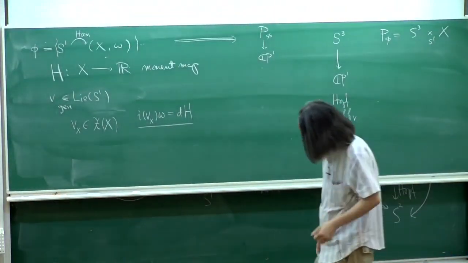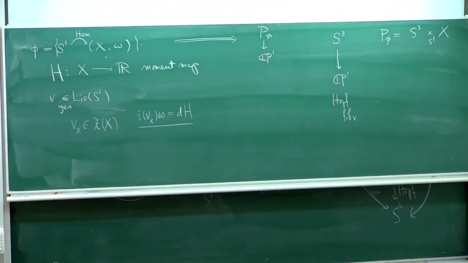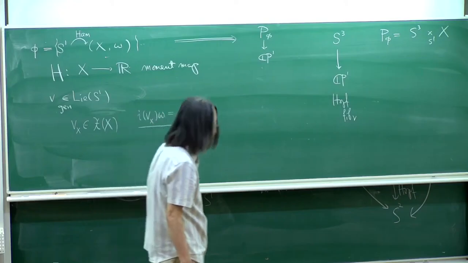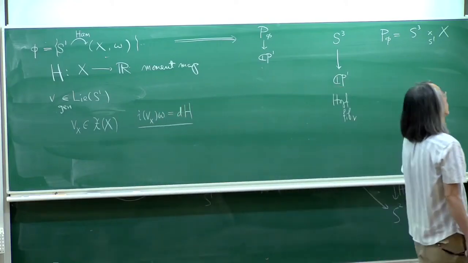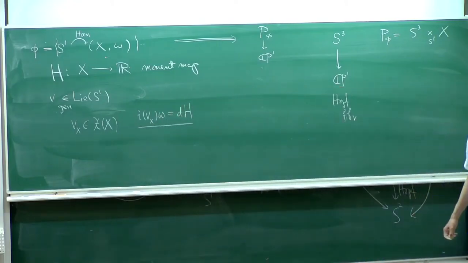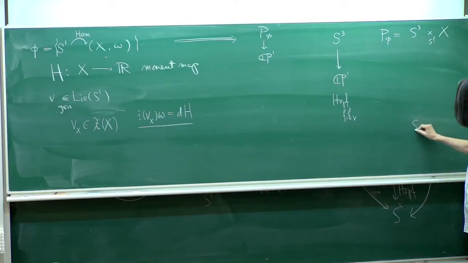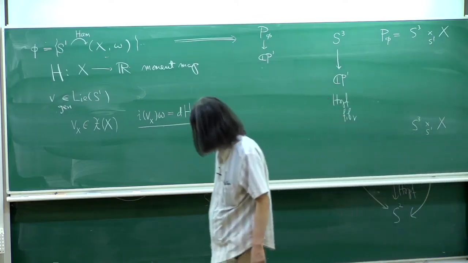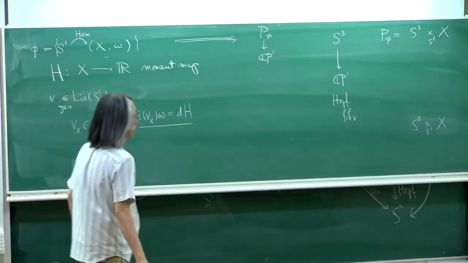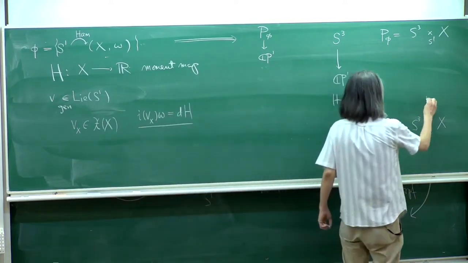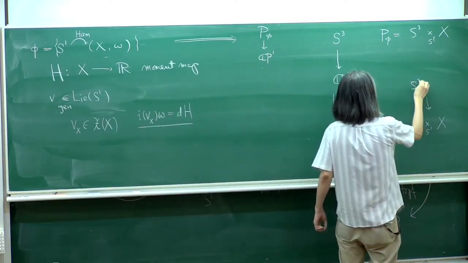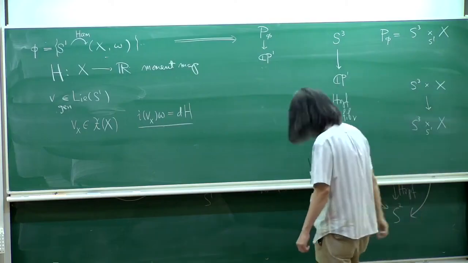So now we try to construct omega phi, but before that maybe we just try to extend omega some way. Okay, so I have this S3 times S1 X here, and over there we have this.